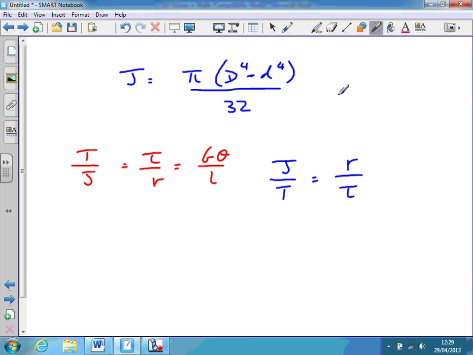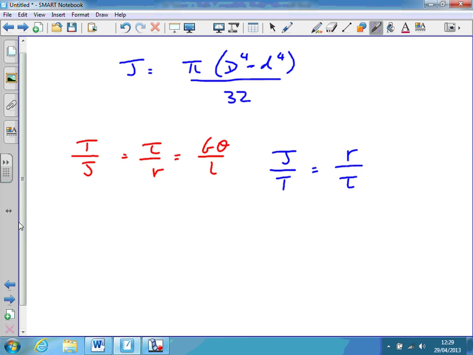I'll do the formula below, or I'll start you off on it. So taking this top equation, I'd first of all multiply both sides by 32 to get rid of the 32 underneath, and divide by pi. So I would get 32J over pi equals D to the 4 minus little d to the 4.